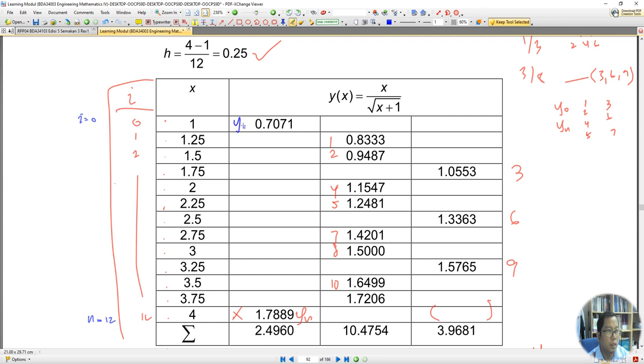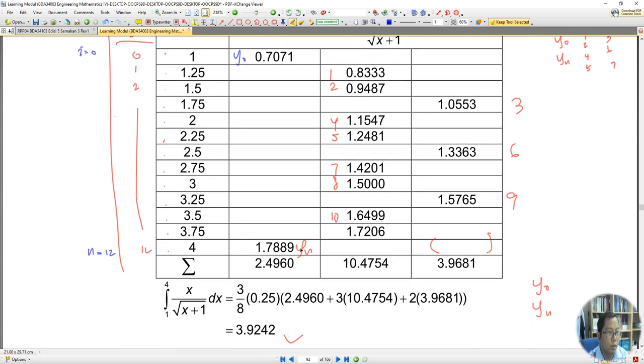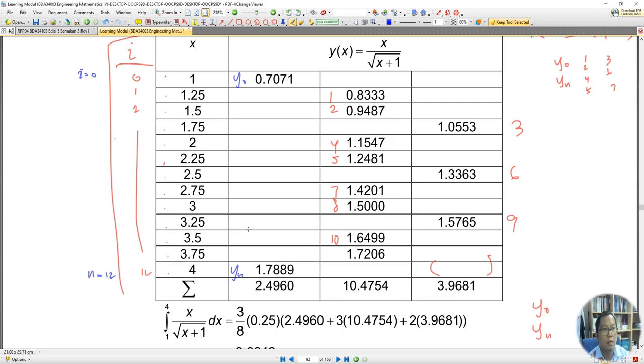So this is y0, and this is yn. Then all the multiples of 3, we put here: 3, 6 and 9. And the others, besides y0, yn, 3, 6 and 9, we put here in the same column.